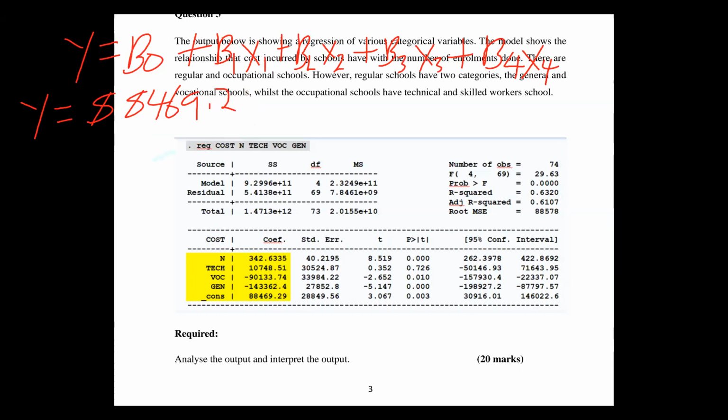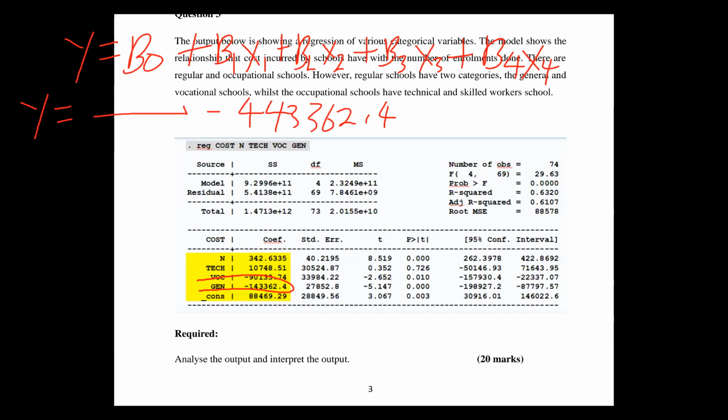Then we can go to the next one, which is our beta 1. Remember the constant is still here, the beta naught. The beta 1 is negative 143,362.4.